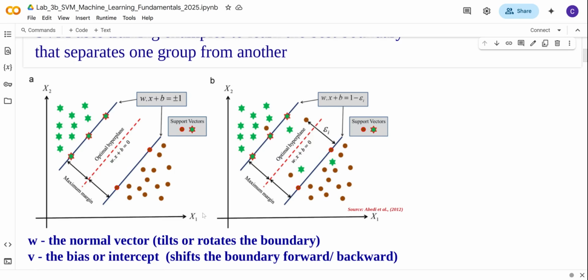The data points closest to the margin, marked in red, are called the support vectors. These data points are critical in defining the decision boundary.